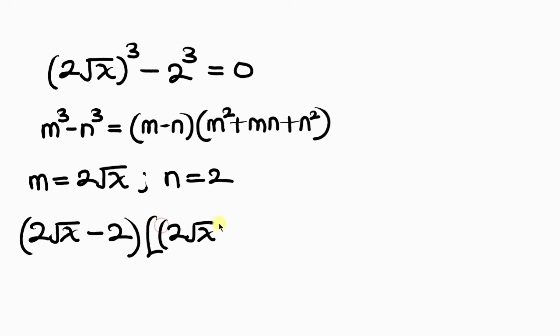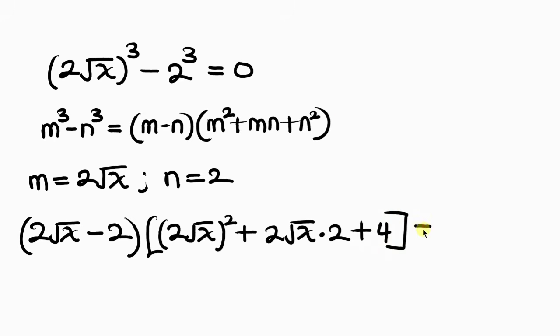Now we're going to square this. And then plus m, m is 2 root x, times n. What is n? N is 2. And then plus n squared. N squared, that means 2 squared, which gives 4. Very good. So I'm going to be closing the square bracket. And this is equal to 0.